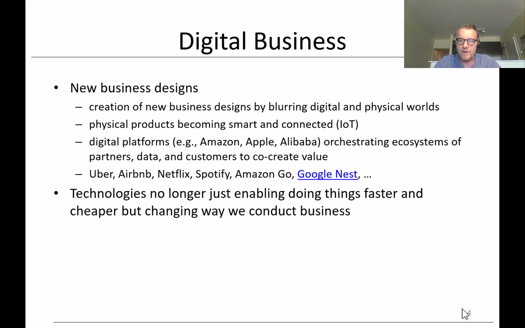The idea is to co-create value amongst the different partners that are operating in this ecosystem.